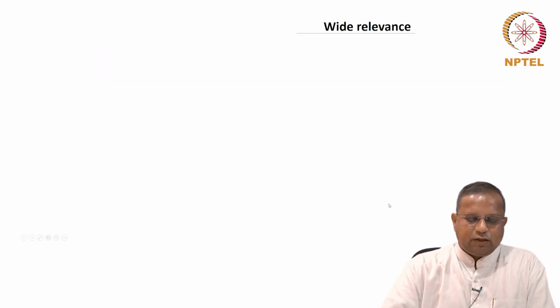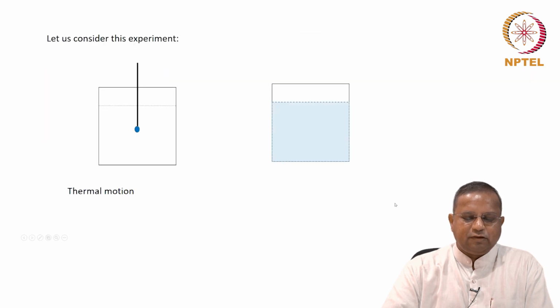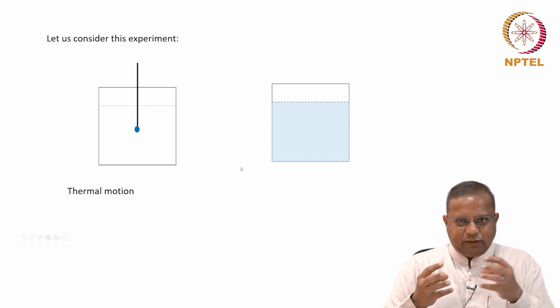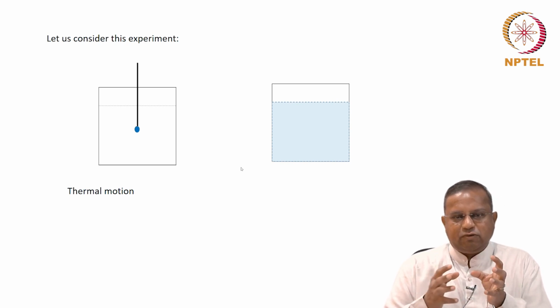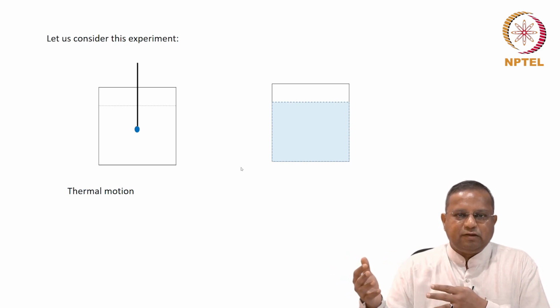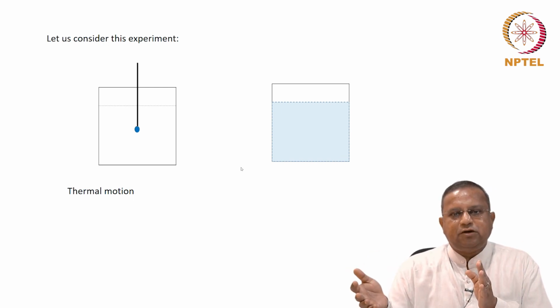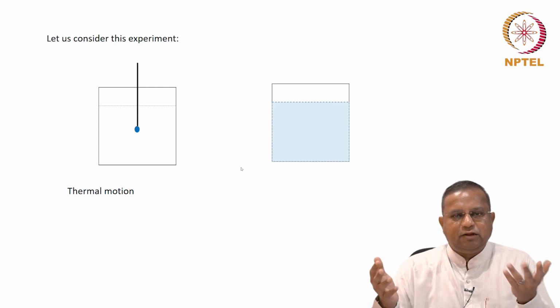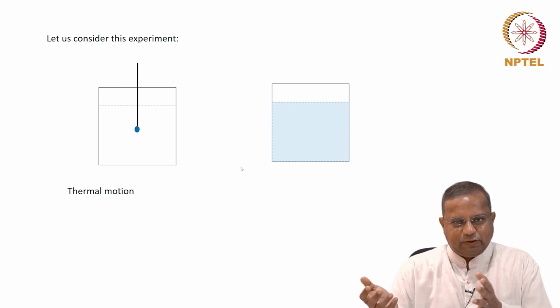Then we looked at the relevance of mass flux, and then we said how the mass flux comes into being when there is the thermal interaction between the various molecules that jiggle things around to effectively result in a motion of the species from a region of high concentration to a region of low concentration, till the concentrations are the same everywhere in a particular phase.